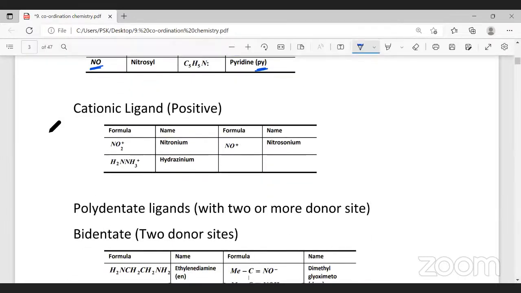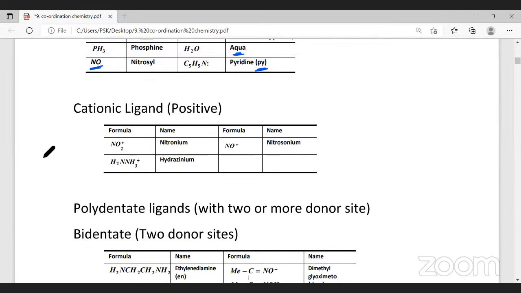Positive ligands are very few in number. One is NO2 plus, called nitronium ion. The second one is NO plus, called nitrosonium ion. And we have the hydrazinium ion. Hydrazine is NH2, NH2.